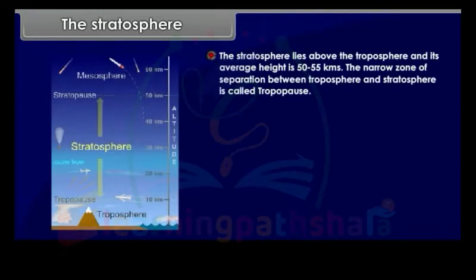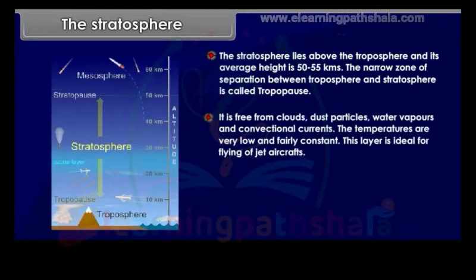The stratosphere. The stratosphere lies above the troposphere and its average height is 50 to 55 kilometers. The narrow zone of separation between troposphere and stratosphere is called tropopause. It is free from clouds, dust particles, water vapors and convectional currents.